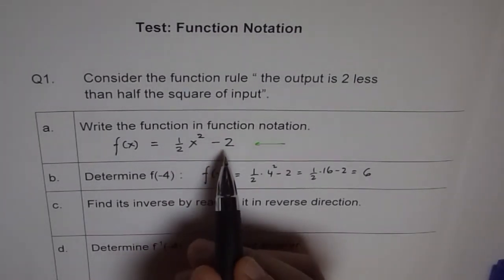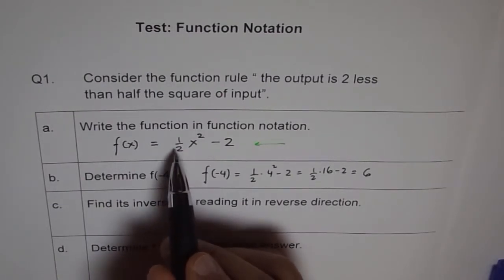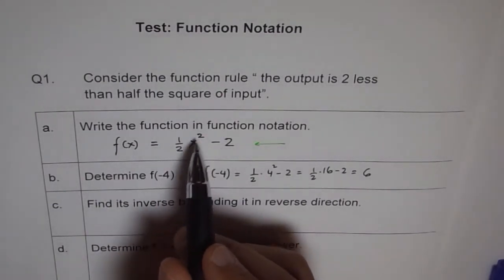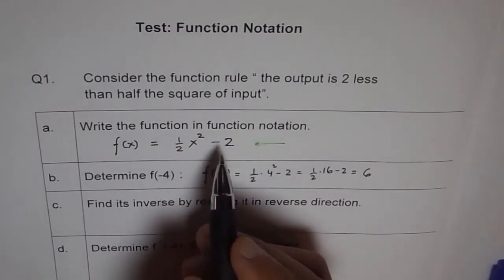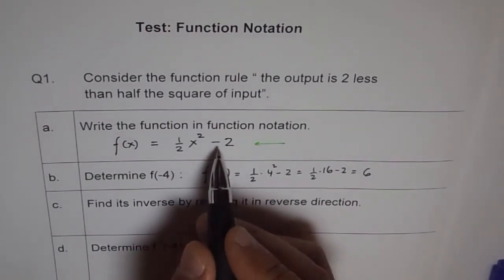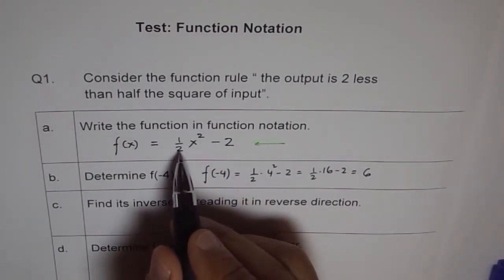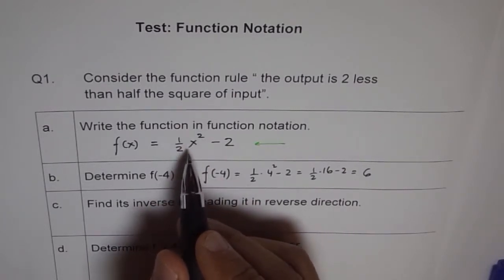So for the function we do half of the square: we square it, then do half of it, and then take away 2. Now reverse reading will be: to the input add 2, then multiply by 2, and then do the square root. Do you understand?